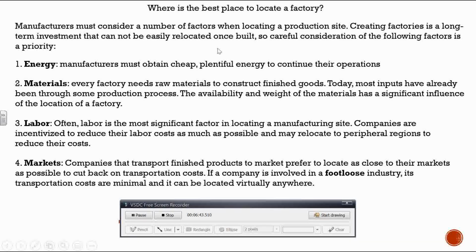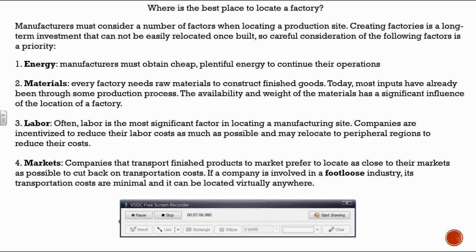Okay. And they want to be located close to that market to reduce transportation costs. Okay. If a company is involved in a footloose industry, then its transportation costs are minimal and they can be located anywhere. A footloose industry is one where the final product does not weigh much. You can fit a lot of it into a truck. You can transport a lot of it in mass. Think of small, inexpensive jewelry.